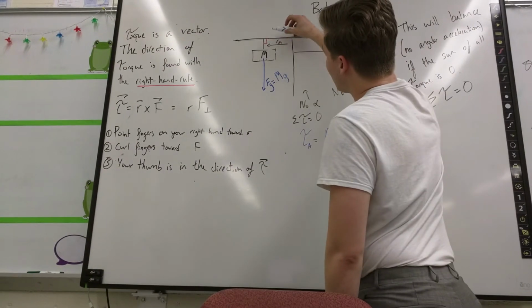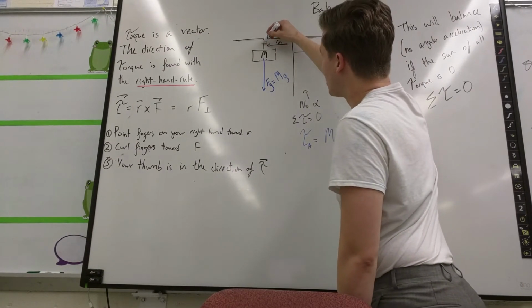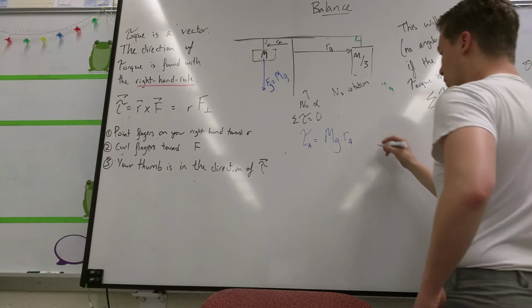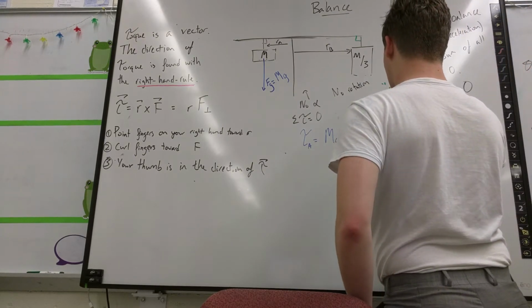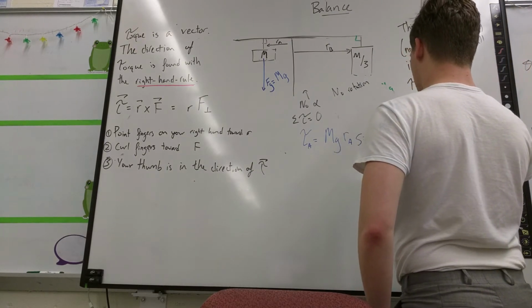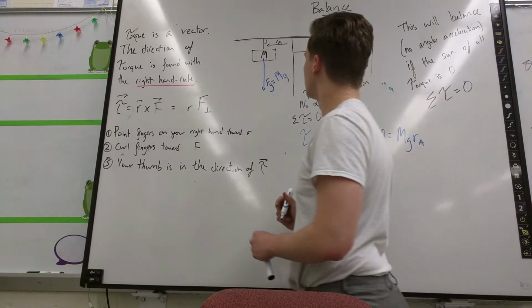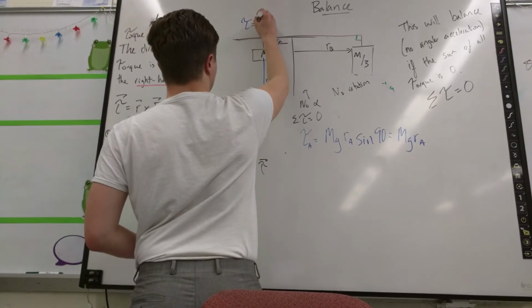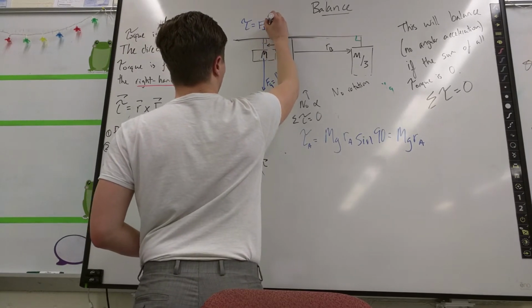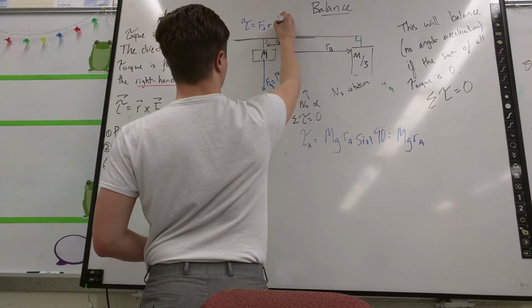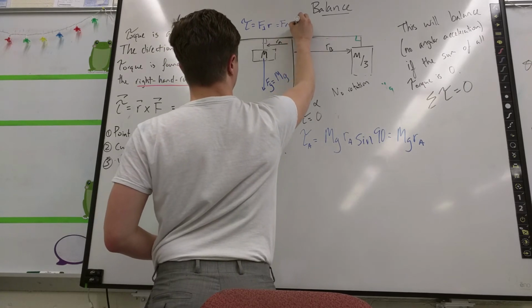The angle is 90 degrees, so the sine of 90 is 1. So this is mg Ra. Remember, the torque equation is the perpendicular component of F times R, which is also written Fr sine theta.